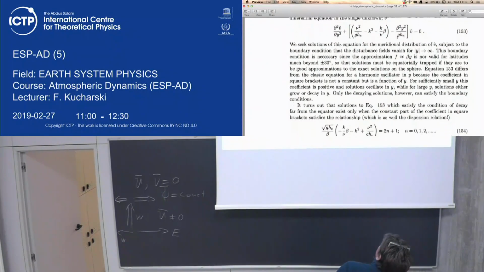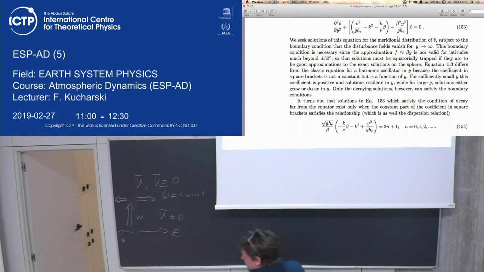Now, it's not that I have found this, but mathematicians have found that this can only have solutions that decay away from the equator if this constant factor here is not just any number, but has to be an odd number, with n being some kind of the meridional wave number of the waves that we define later.